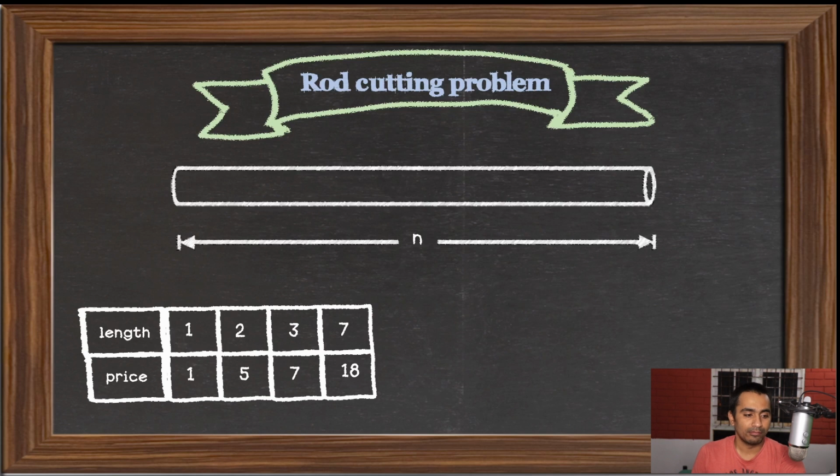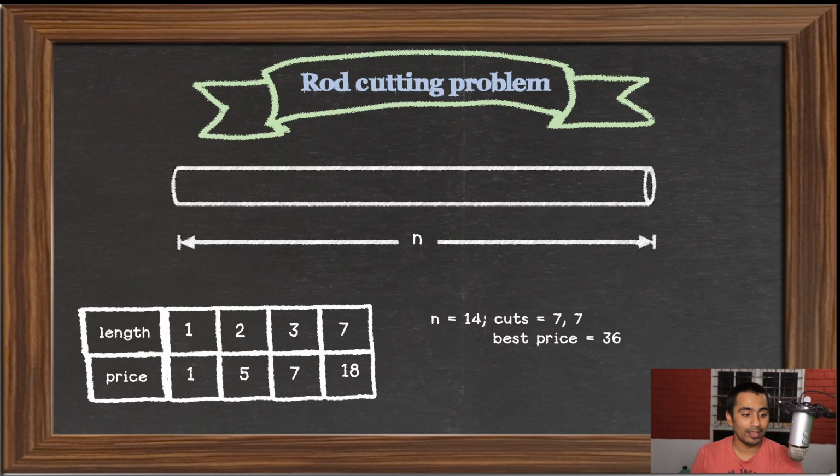Say you have a rod of length 14, then you can cut this rod into two pieces, each of length 7, and this is the best cut you can make, as it fetches the best price of $36. You can check it out. You can't make any other cuts and get a value more than this.